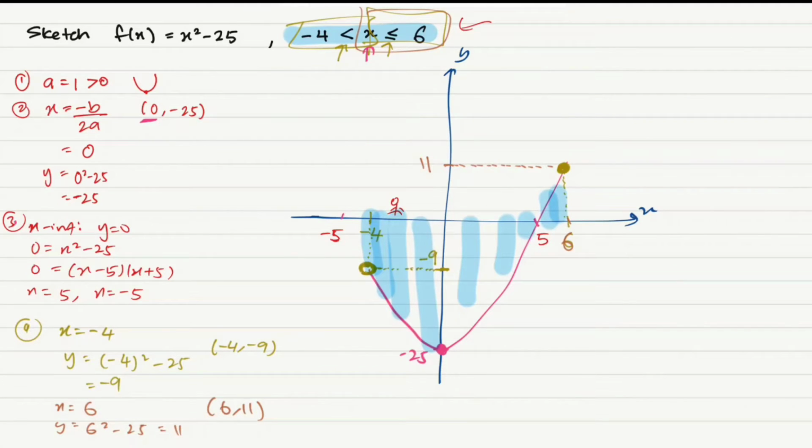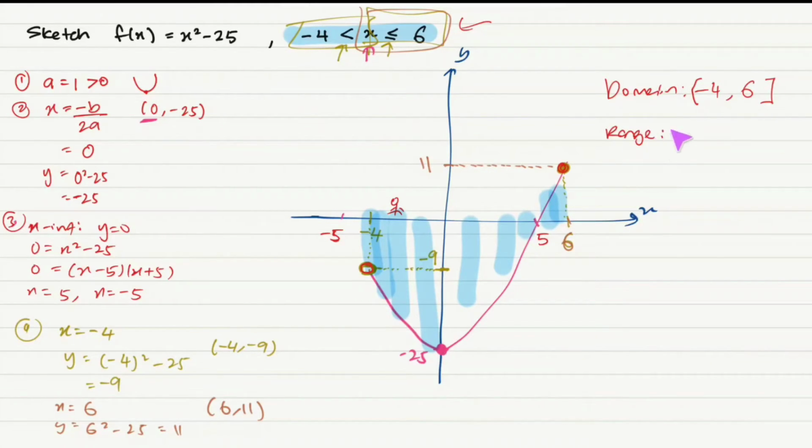Okay? So this means that your domain is from -4, where -4 is not included because there's an empty circle at -4, until 6 because at 6 the dense circle is there.